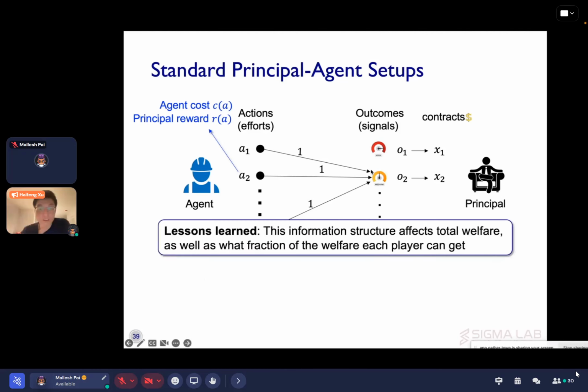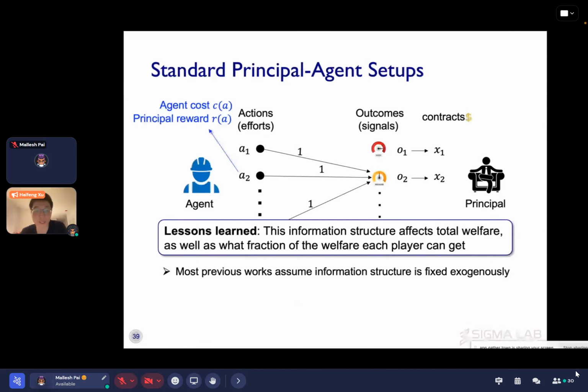So the punchline I want to make here is that the lesson we learned is that the information structure actually affects the total welfare a lot, and also affects what fraction of the welfare each player can share. Most of the previous work on contract design has been assuming this information structure is fixed and exogenous. That is, someone gives me the structure, so I compute the optimal contract.